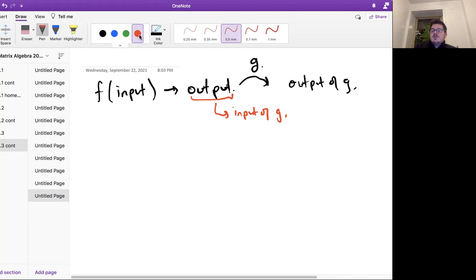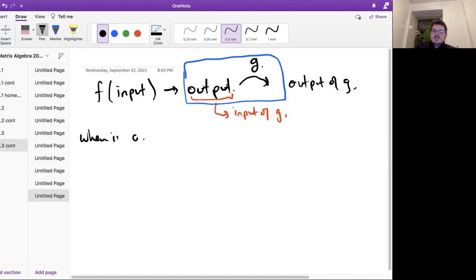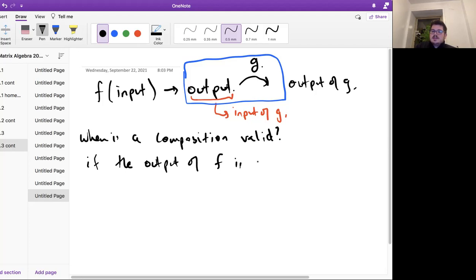The question is, when is a composition valid? It's this intermediary step here. It's valid if the output of f is valid as input of g.